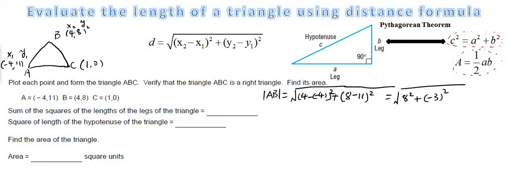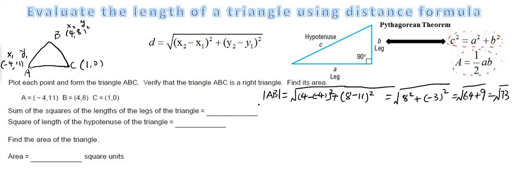Again we can simplify it. That will be 64 plus 9, and it boils down to the square root of 73.